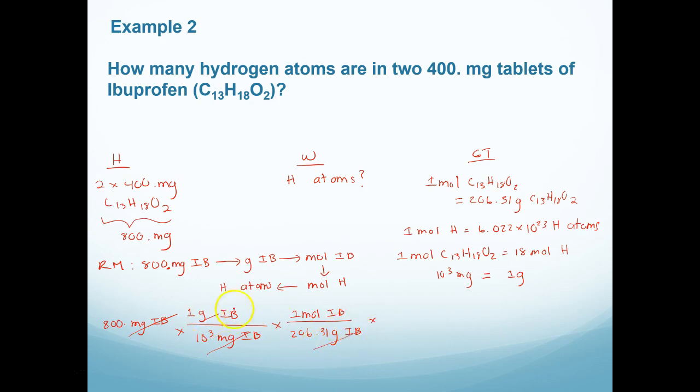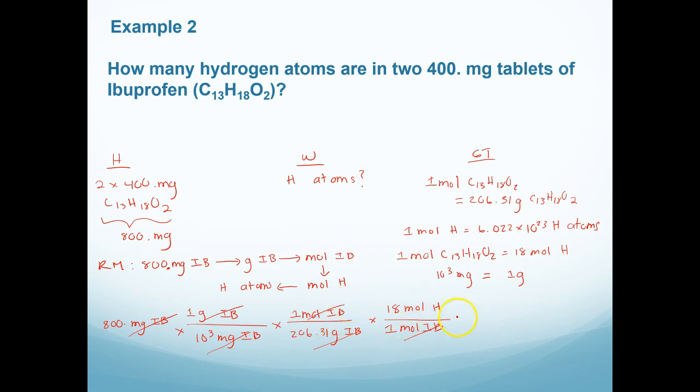Get rid of those. I am currently in moles of ibuprofen, and according to my map, I need to go to moles of hydrogen. So for every 1 mole of ibuprofen, I have 18 moles of hydrogen, right?